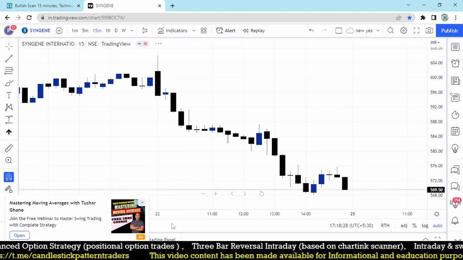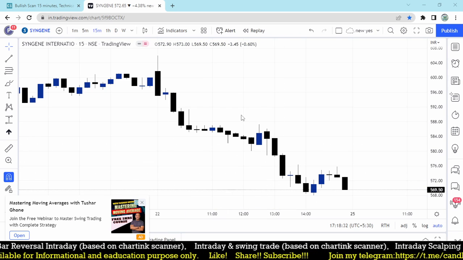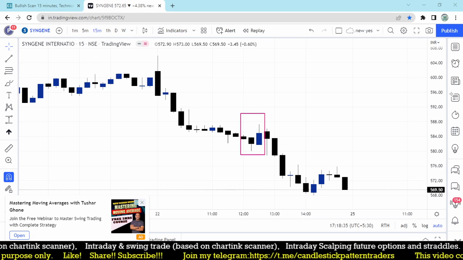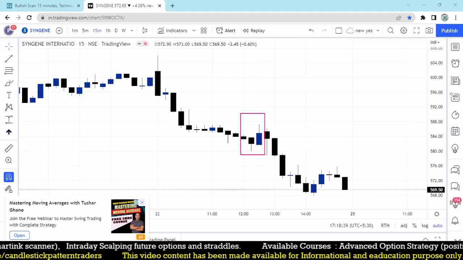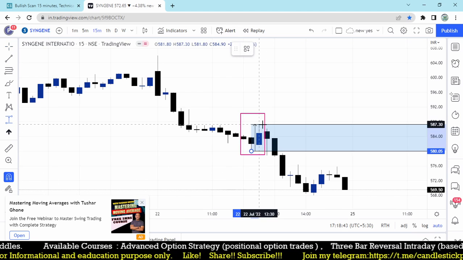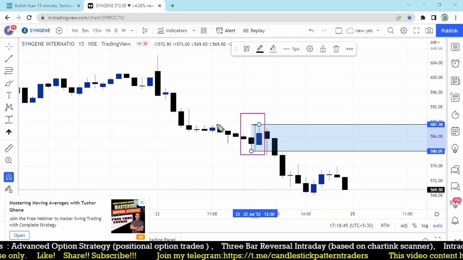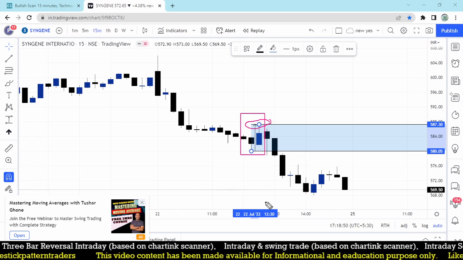So this is the second stock, where we found a 3 bar reversal, exactly the chart where our scanner finds an opportunity, happening at 12:30. But here we didn't get any opportunity. We were trying to buy the stock over and above this point, but unfortunately the stock did not break that level.